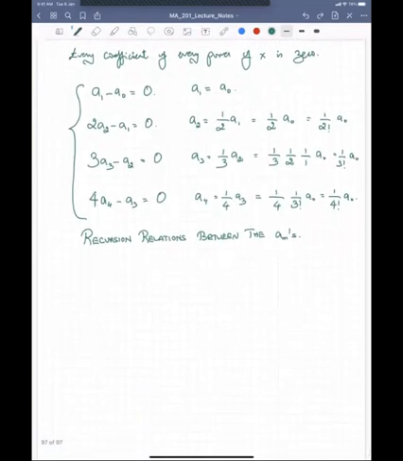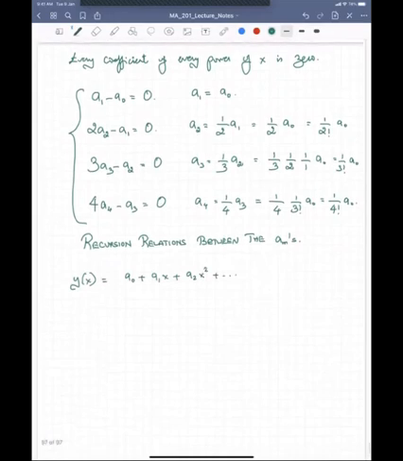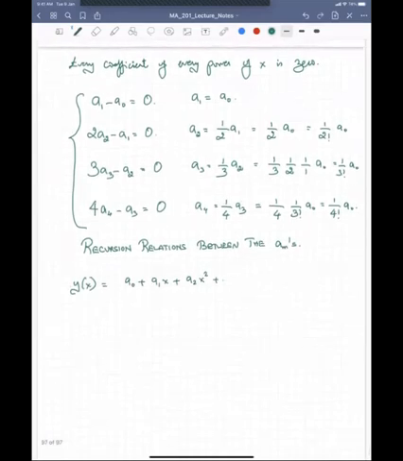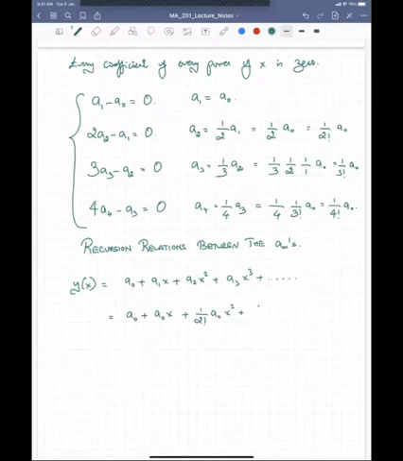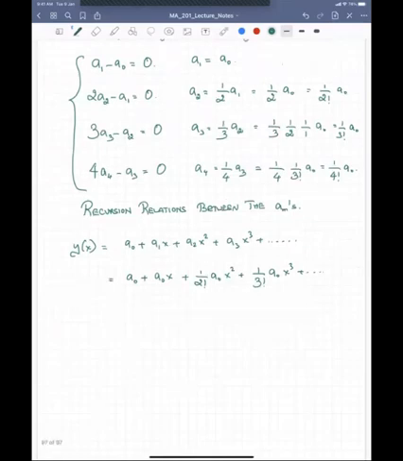So what is the solution to my problem? The solution to my problem is y of x equals a0 plus a1x plus a2x squared, plus so on and so forth, plus a3x cubed plus so on and so forth. And this is equal to a0 plus a0x plus 1/2 factorial a0x squared plus 1/3 factorial a0x cubed, and so on and so forth.